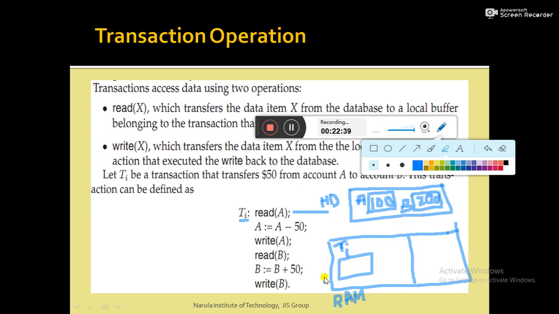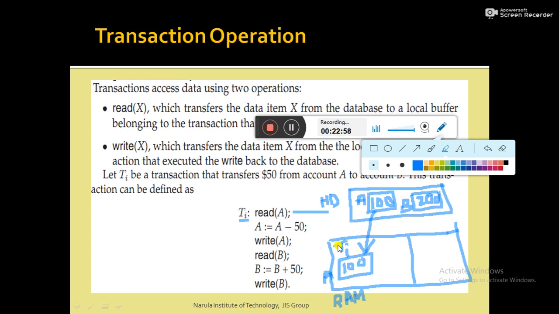So this is A, and the amount will be $100. So read A means the data item A is copied from hard disk to the local buffer of RAM.